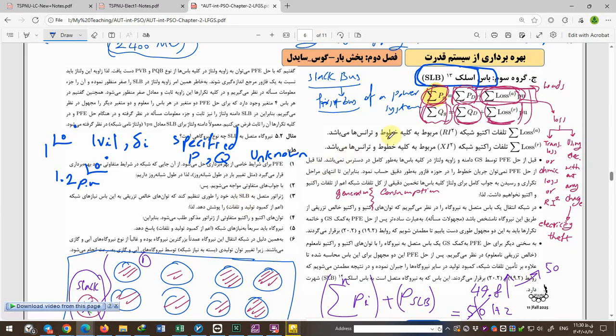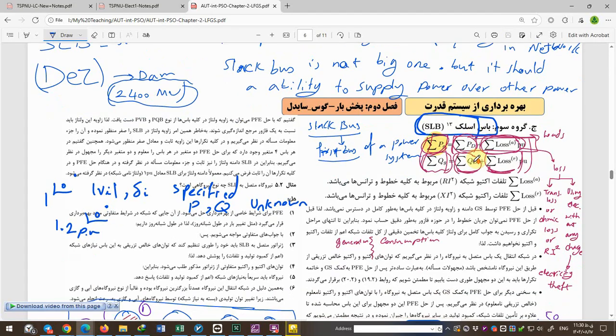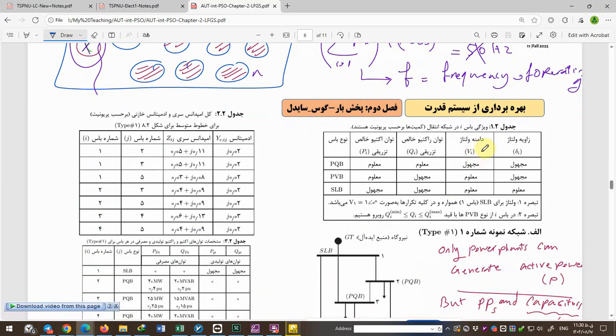After learning some notes about the general knowledge in load flow, we try to introduce two types of networks in this lesson.